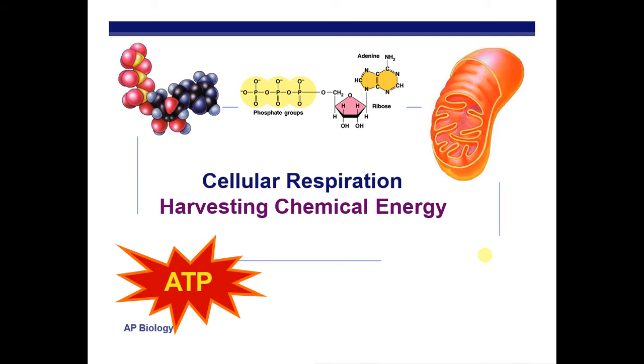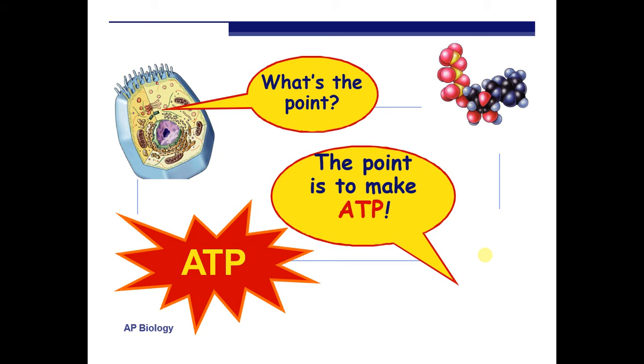Today's just going to be an overview, looking at how we harvest chemical energy in cellular respiration, because that's the overall goal: to harvest chemical energy from nutrients and food that are taken into an organism and use that to produce ATP, like we talked about on Friday. So the whole point is to make ATP, right?